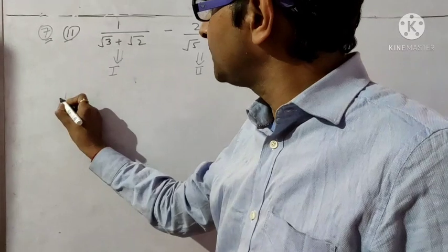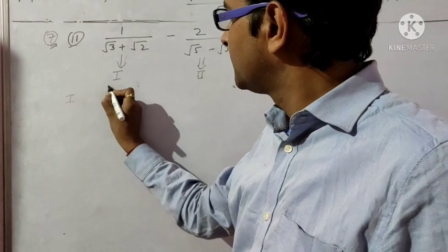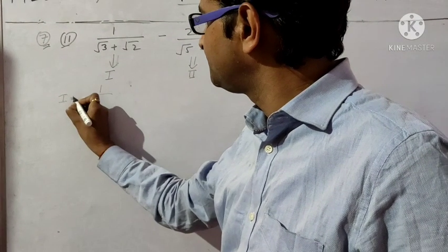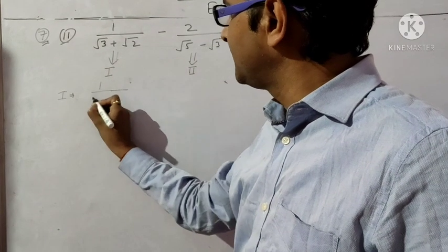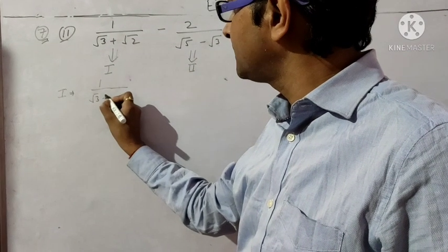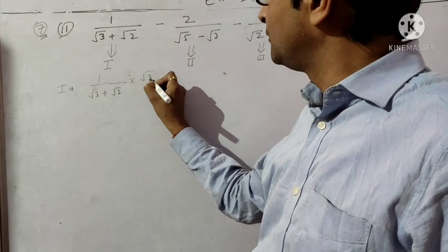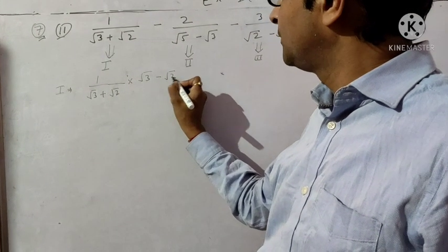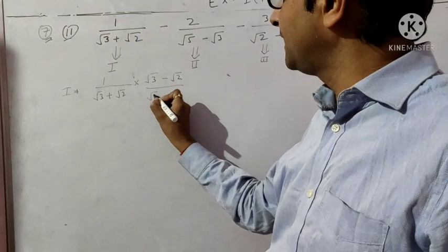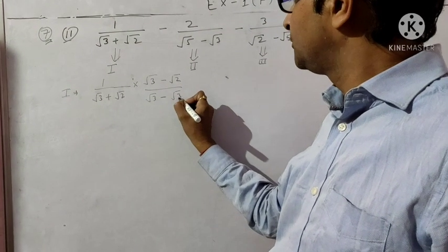So first of all student, we have to solve the first term value, that means 1 divided by root 3 plus root 2. First of all student, rationalize: root 3 minus root 2 by root 3 minus root 2.